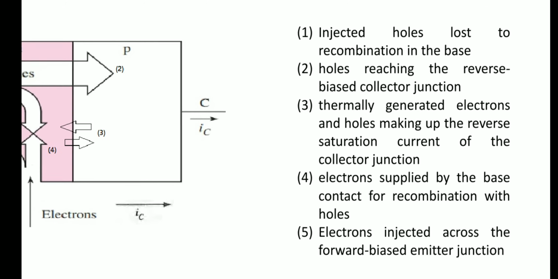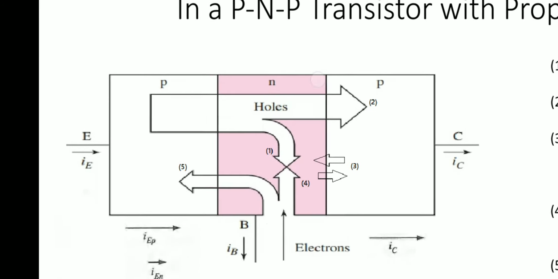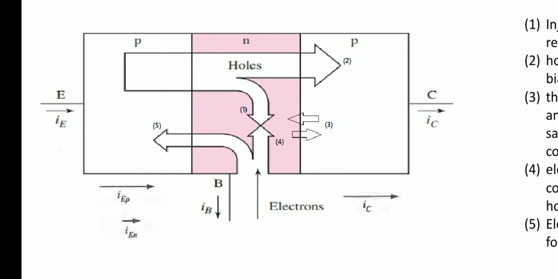The second is holes reaching the reverse biased collector junction. In normal working, the emitter base junction is forward biased, so the holes move through the junction into the base, and the collector base junction is reverse biased. After recombination, the majority carrier holes move towards the collector and are collected there, represented as 2.